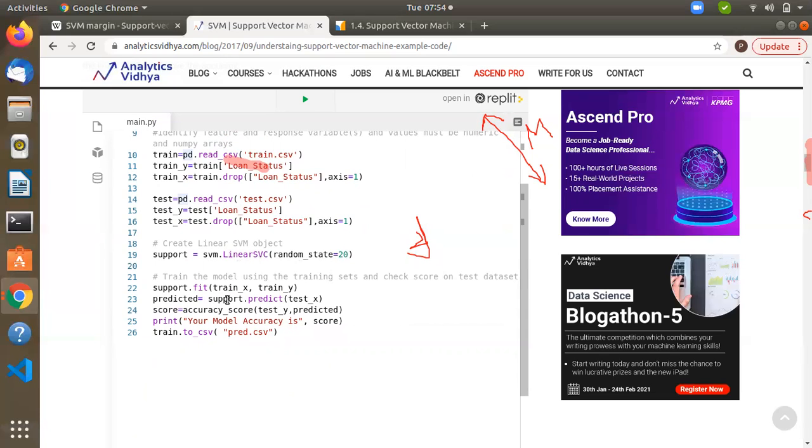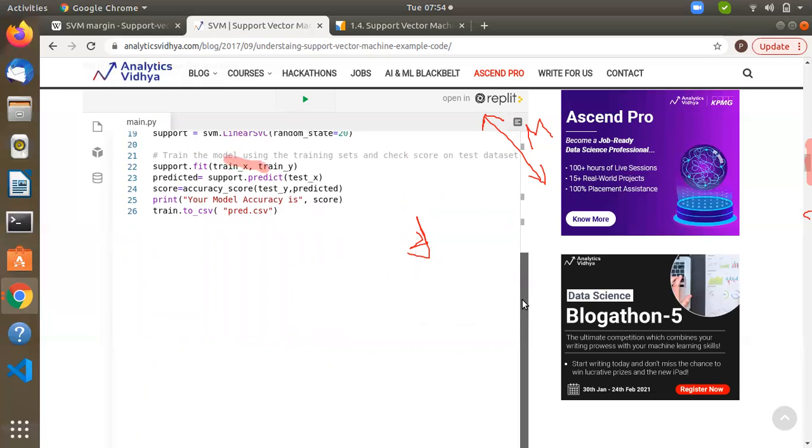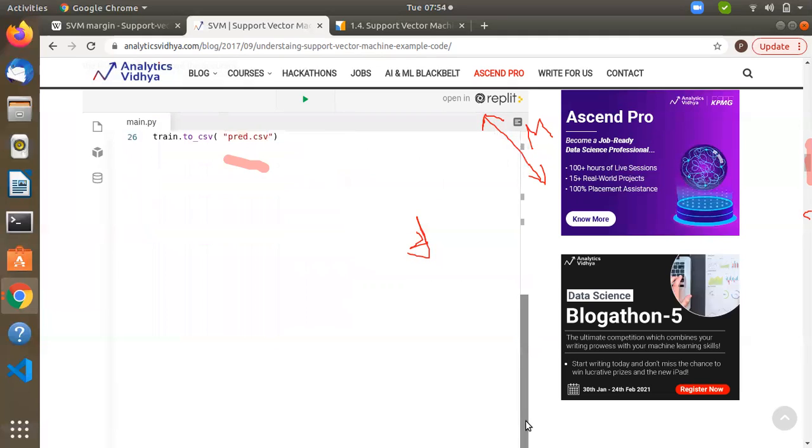Then we fit this model with the training dataset and labels, then predict, and we get the results. Then we convert the results into a CSV for further validation.